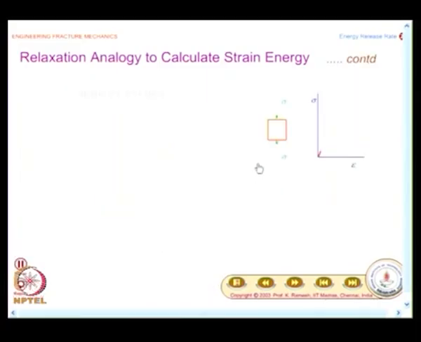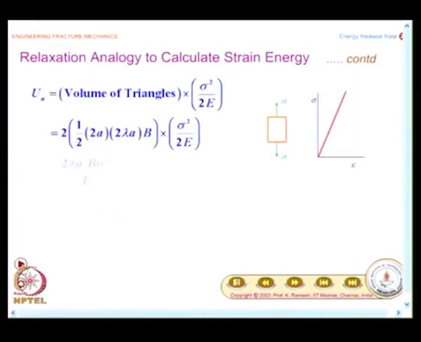We have already looked at the form of the strain energy in the earlier examples, sigma squared by 2 times Young's modulus, multiplied by the volume, and here the volume of the triangles. I have two triangles, so I have 2 here.